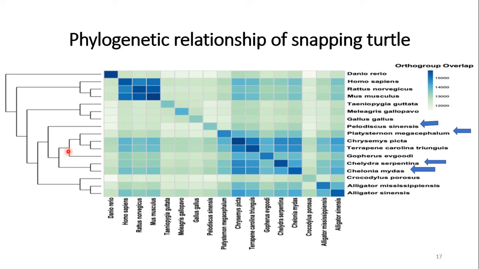This tree also shows that the big-headed turtle is a sister group, and the Chinese soft-shelled turtle is the most divergent turtle examined here.